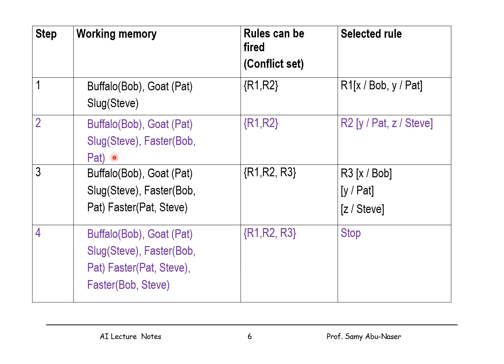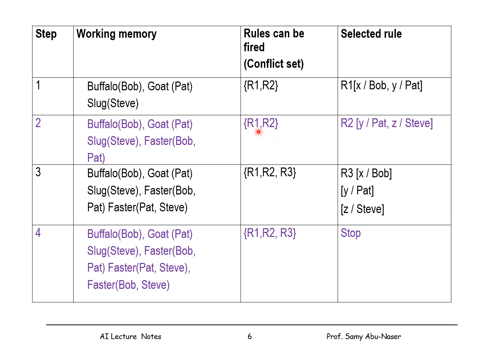So we take the facts now in memory and test the three rules. After testing, we found that only rules 1 and 2 can be executed.